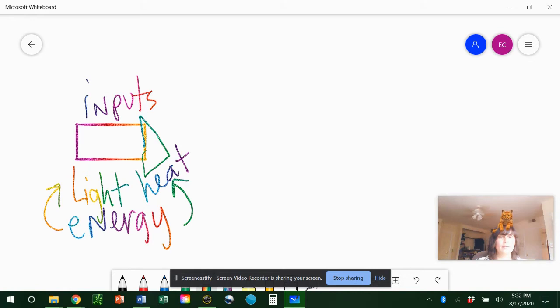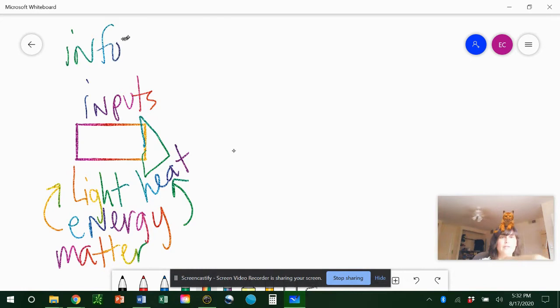Okay, we also have matter. If you want, you can actually include movement too. Movement is a type of input. Okay, we also have information. Okay, so info. All right, so we have some inputs.